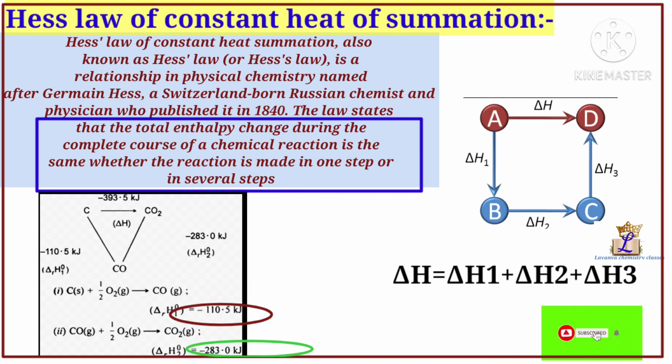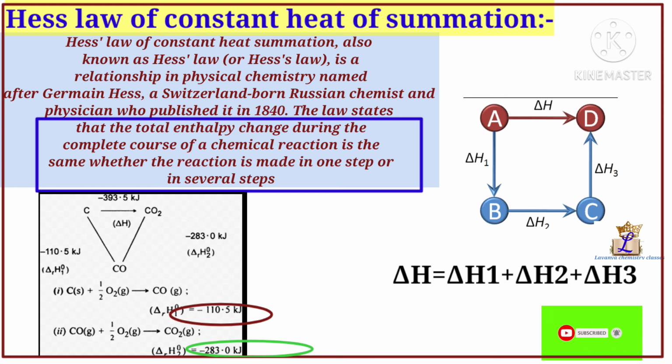This is delta H1 plus delta H2 equals delta H. So delta H1 is minus 110.5 kilojoules and delta H2 is minus 283.0 kilojoules. The sum of delta H1 and delta H2 is minus 393.5 kilojoules. So this reaction is an example of Hess's law of constant heat summation.